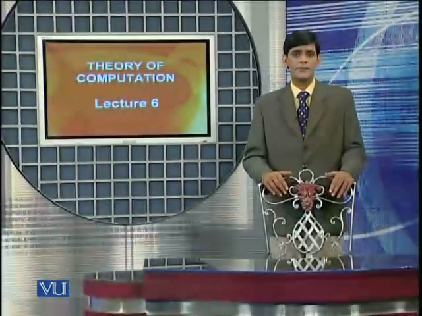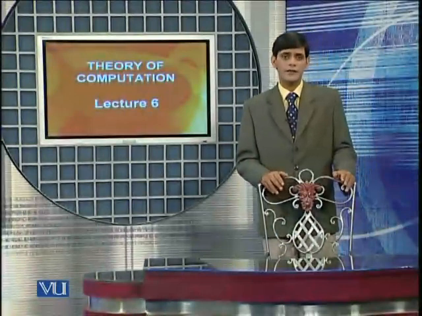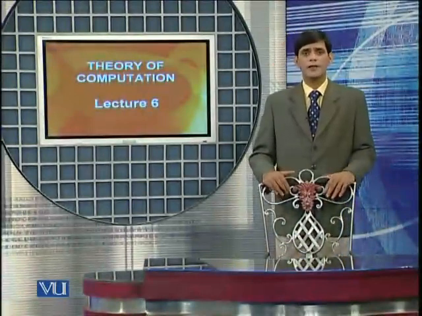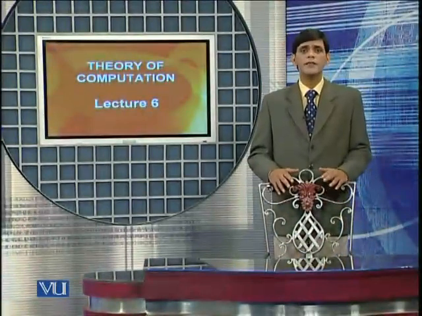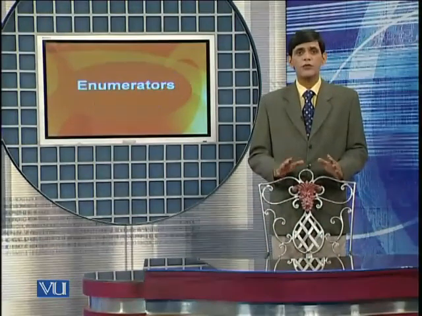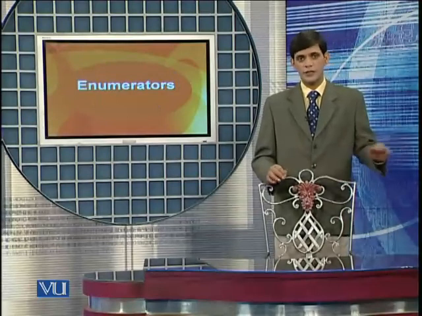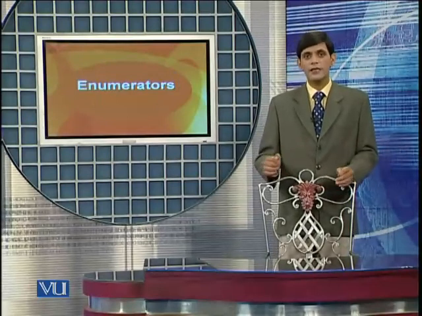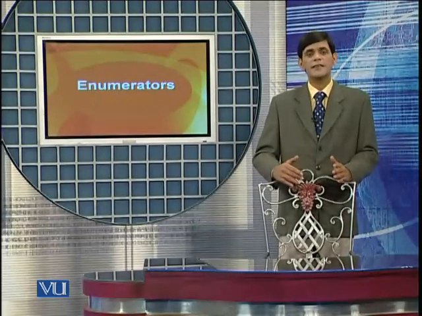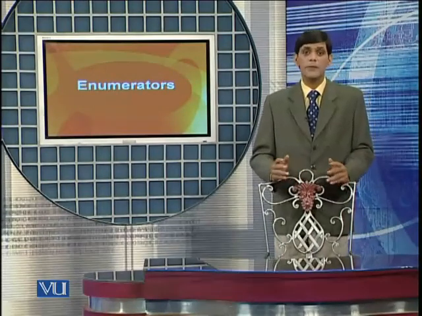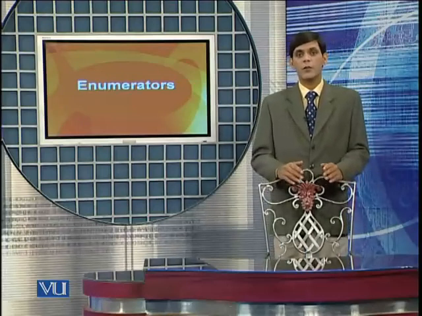So let us start by discussing enumerators. As you will remember from the last lecture, enumerators are machines which do not take any input. There is a work tape and there is an output tape. When you turn on an enumerator, it starts computing by using its work tape, and every once in a while it writes something on its output tape.